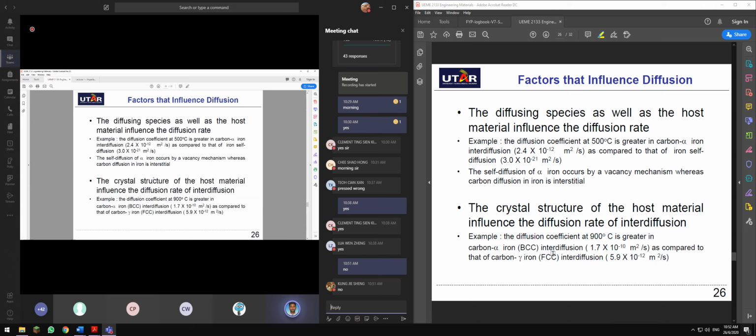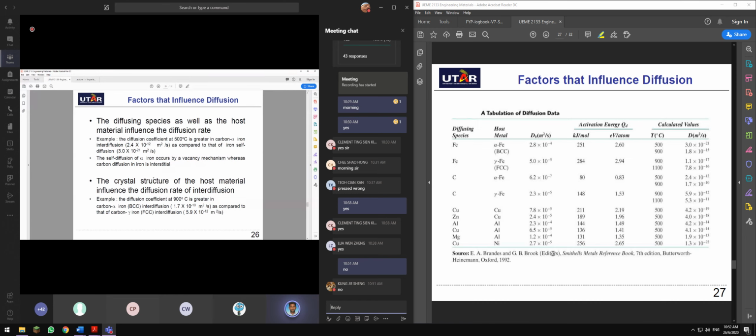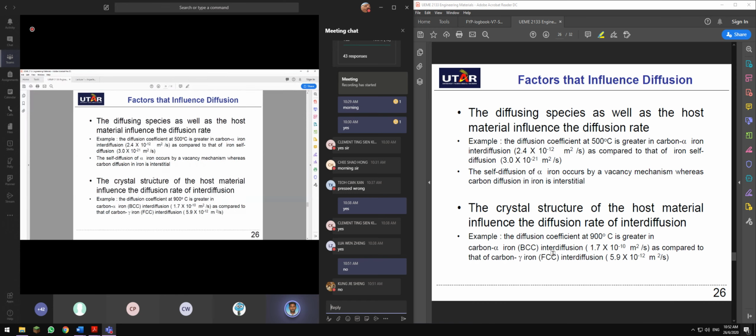Okay, now guys. Previously I did mention to you about temperature being the governing factor, right? Temperature makes a huge difference in determining the activation energy of an atom. Now, besides temperature, there are some other factors also influencing the rate of diffusion.